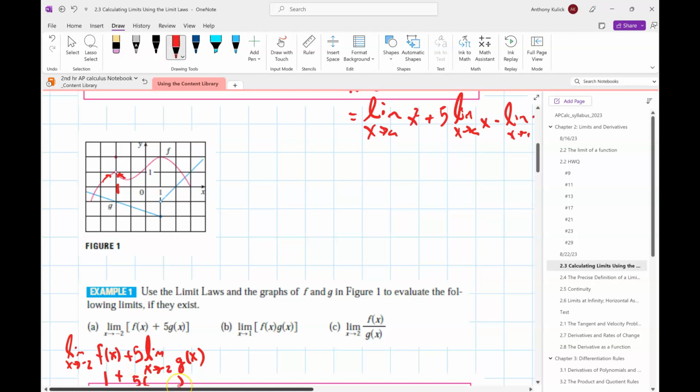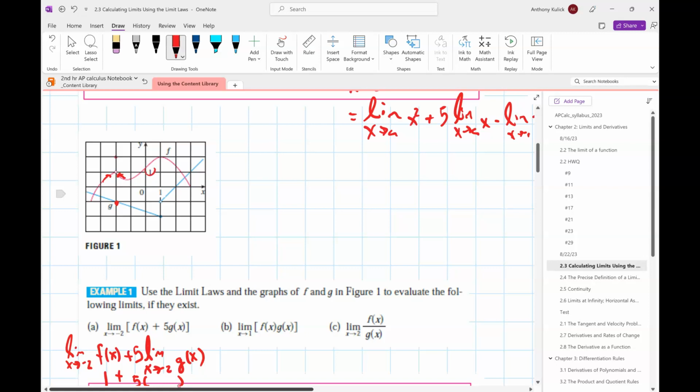Okay. And then if I look at the same thing, -2 for g, that's here, and that's going towards... oh, is that because it's 1 right here, right?